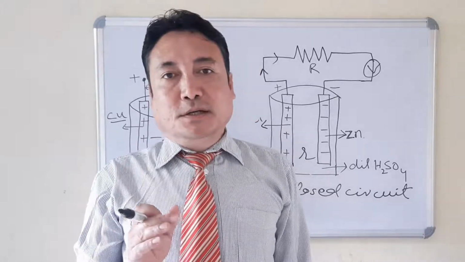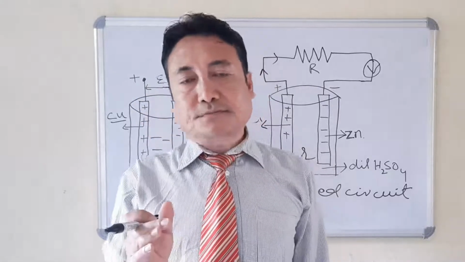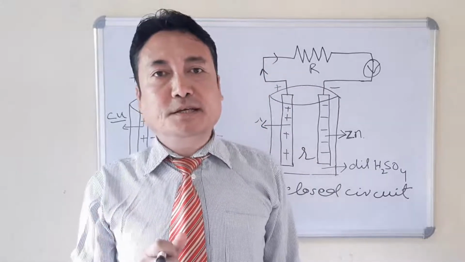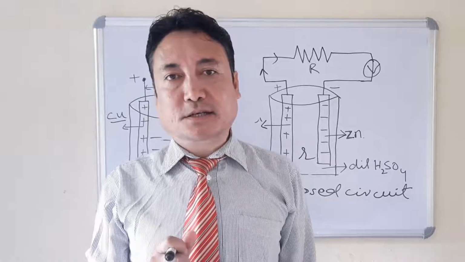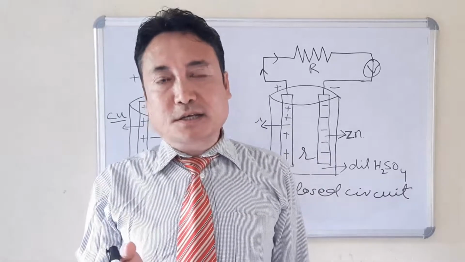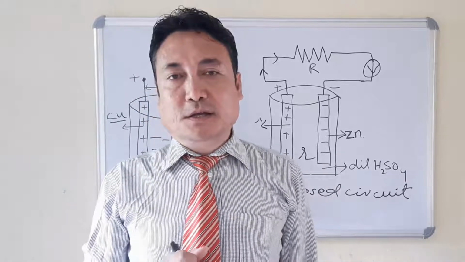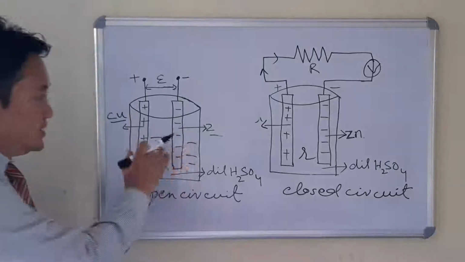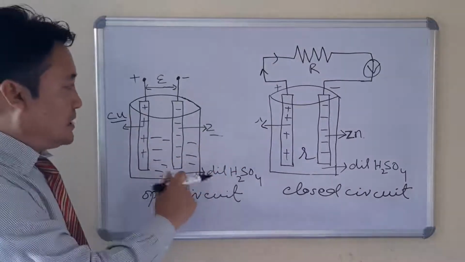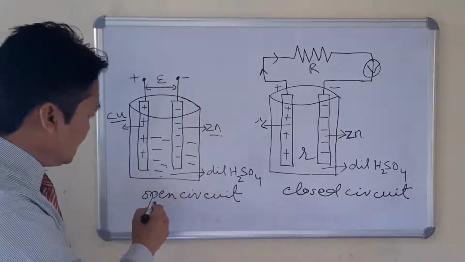Now, the next point related to the cell is the open circuit and the closed circuit. As you know, a circuit is a path in which the current flows. Follow the two diagrams I've drawn here. The first one represents the open circuit.